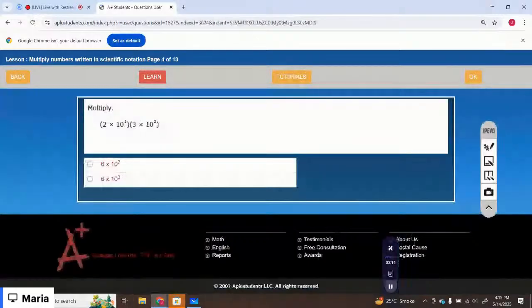So the next one is 2 times 10 exponent 1 and 3 times 10 exponent 2, which is the correct option?